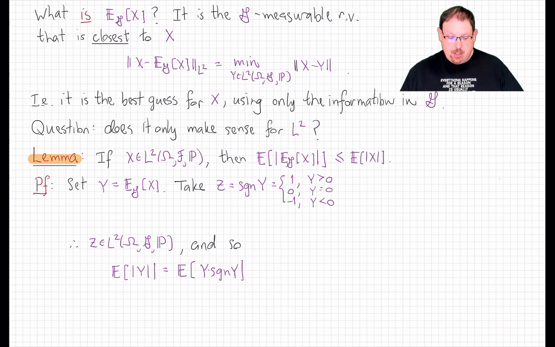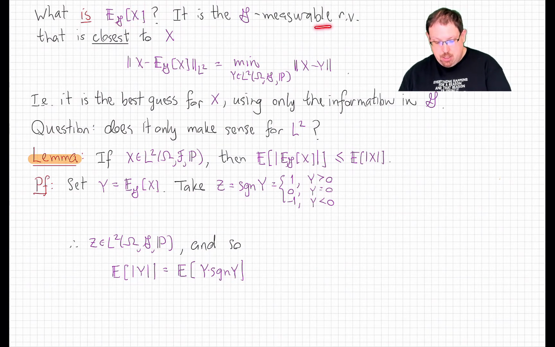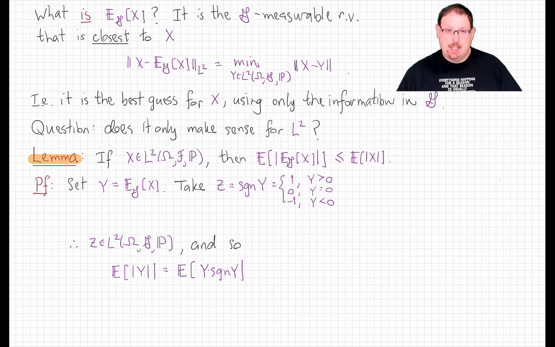Since orthogonal projection is equivalently defined to be the point in the subspace that is closest to the original point, we can just as well think of conditional expectation of a random variable given G as the unique G-measurable random variable that is closest to x. And that is closest exactly in the L2 sense. This is a very appealing quantitative notion.